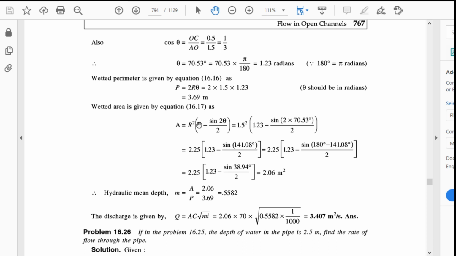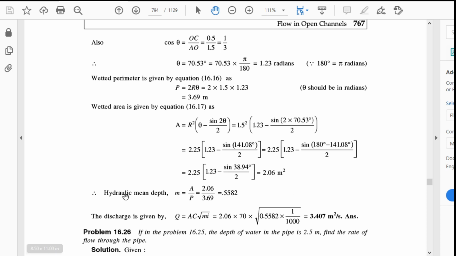Here theta should be in radians, and here it should be in degrees because it is with the sine component. So substitute the values in a proper manner and you will get the area as 2.06 meters square.